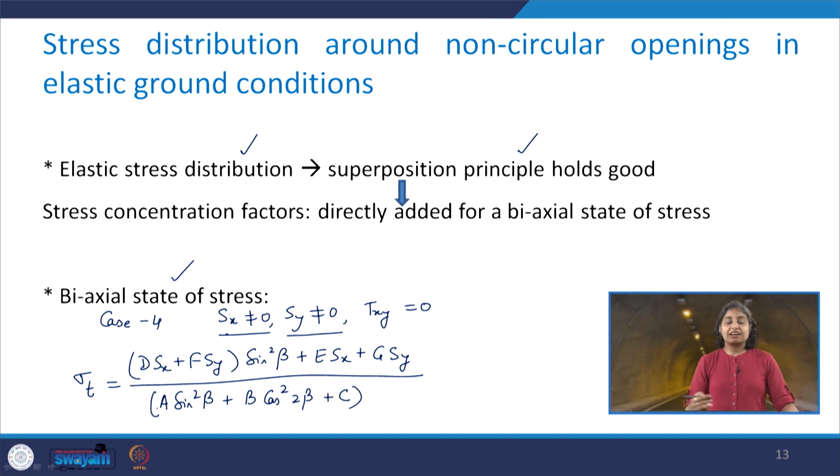So, this is nothing different than what we did in case of the uniaxial state of stress with reference to case 1, 2 or 3.